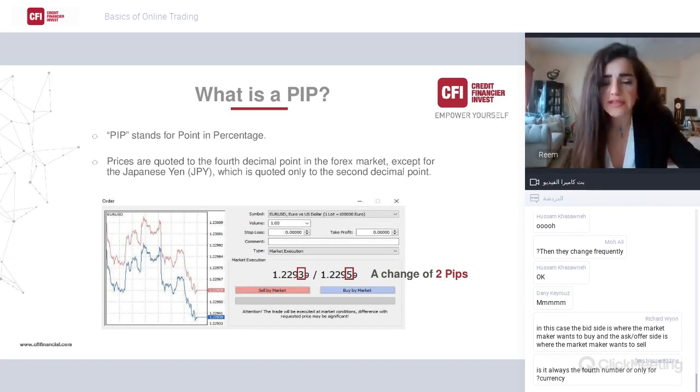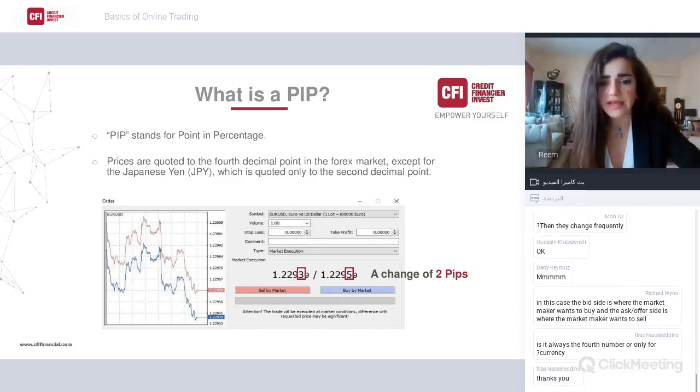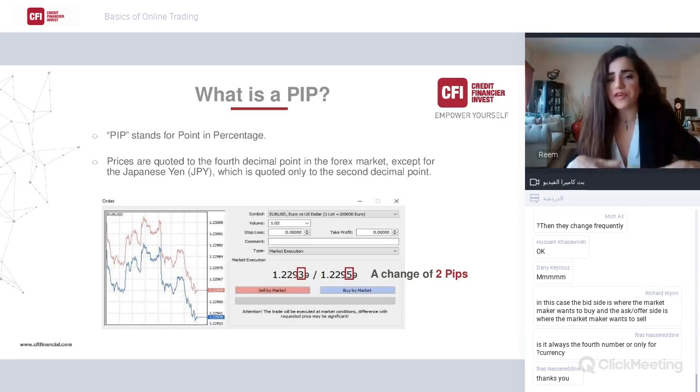Gold and oil, the second digit after the decimal, and same for the yen. Perfect, okay, Firas. But for the reason of giving an example, I will stick to the major currencies at the moment. If we have time, maybe we move on to talk a little more about gold and oil. I will just mention them briefly. But in major currency pairs, it's the fourth number after the decimal point.